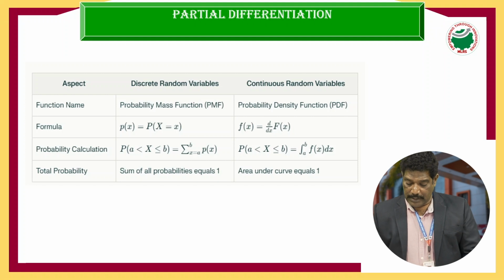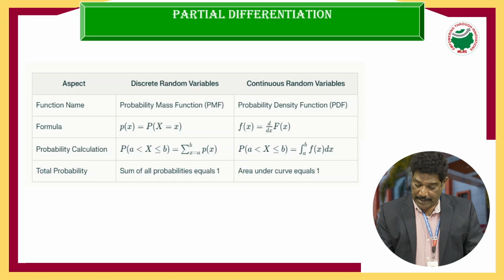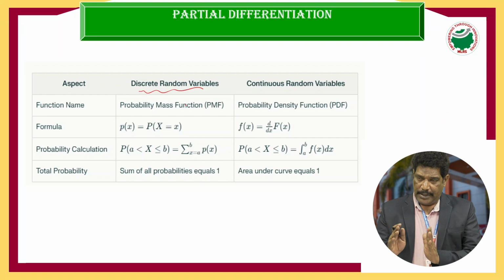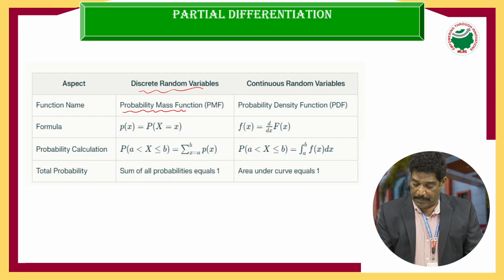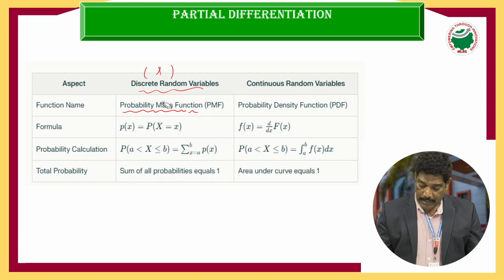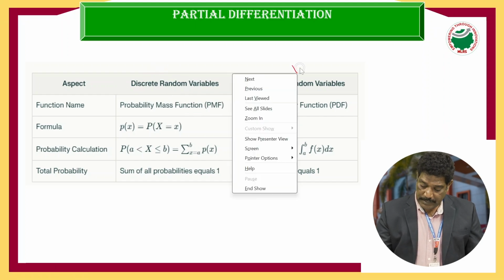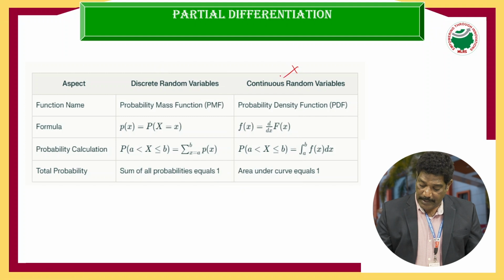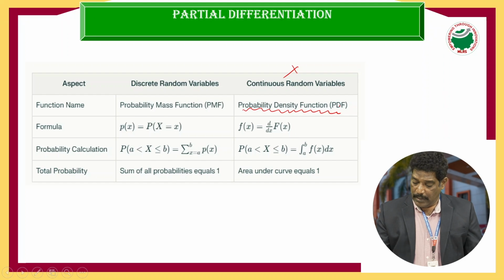Next, the types of probability distribution function. If x is a discrete random variable, then the probability distribution function is called the probability mass function. If x is a continuous random variable, then it is called the probability density function.